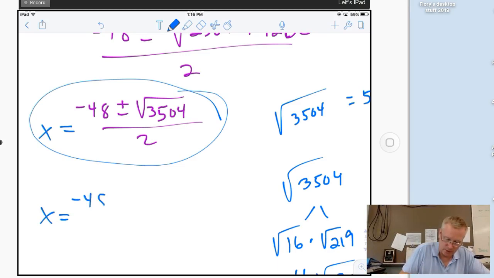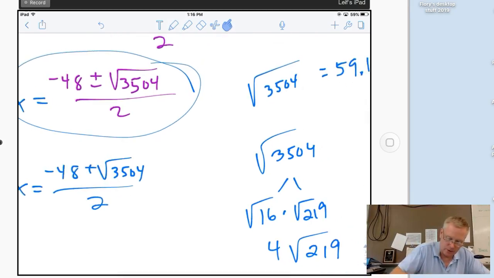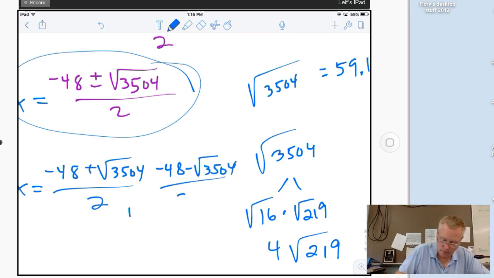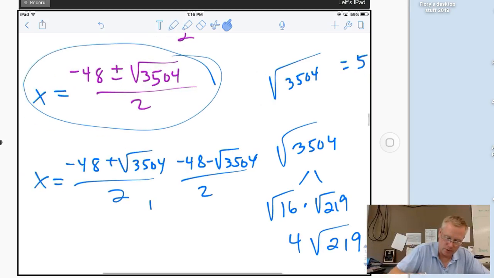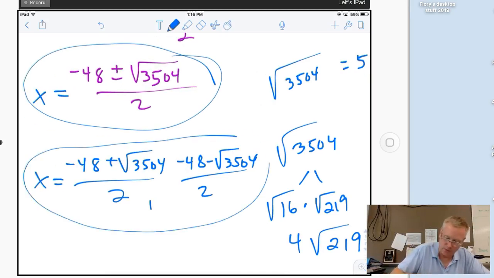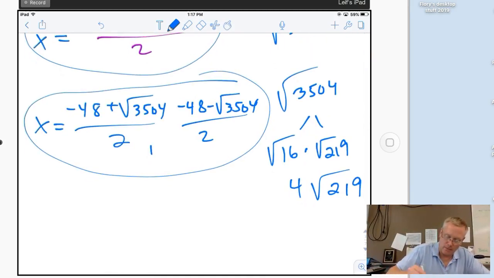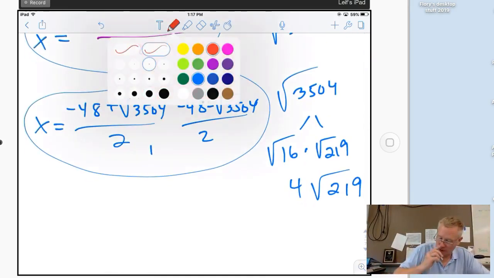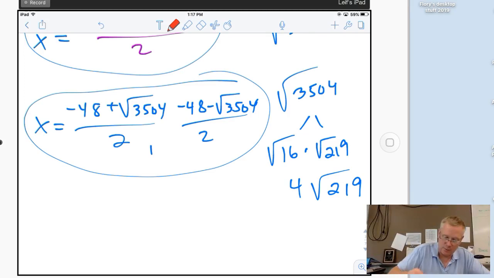X equals negative 48 plus the square root of 3504 over 2, and x also equals negative 48 minus the square root of 3504 over 2. I mean, those are your two answers, and I am okay with this. If it says leave as a decimal, then you have to take the square root of 3504 and punch in the decimal, okay?